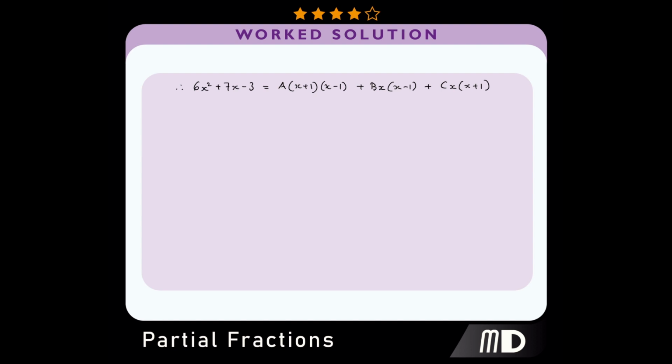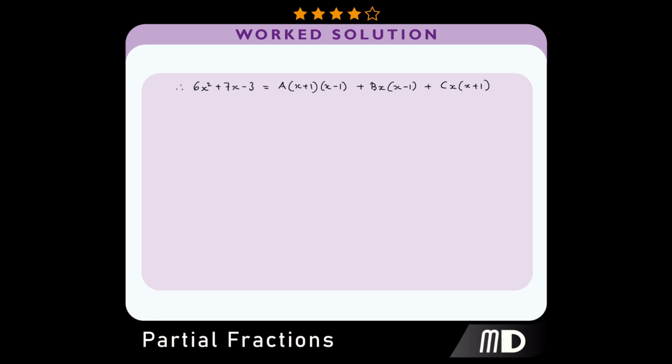Now, the final step is to find the value of our three variables a, b, and c. And we do that by substituting in values of x that eliminate two of those variables, leaving us with the one that we're trying to find.